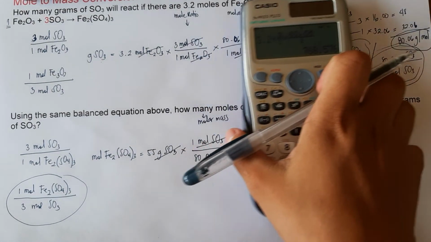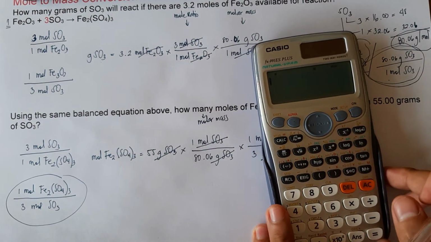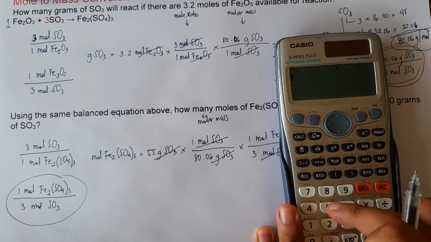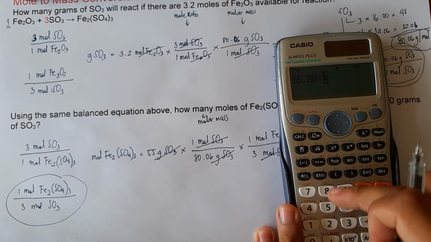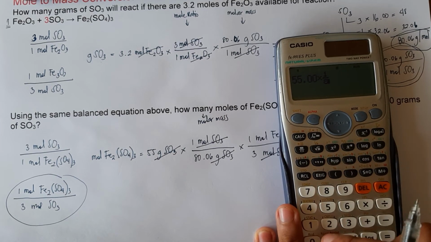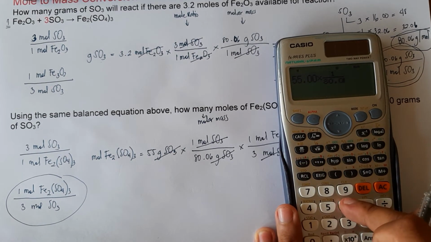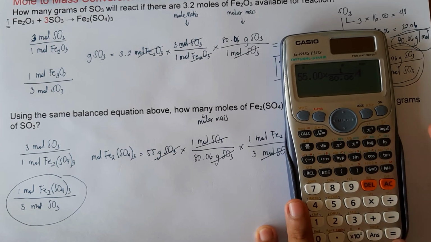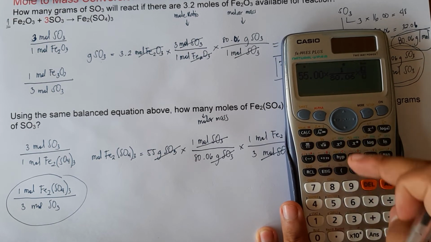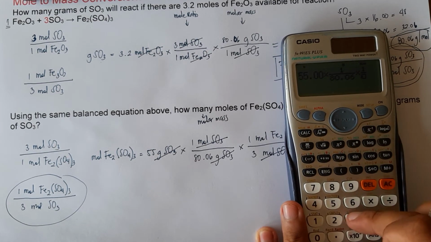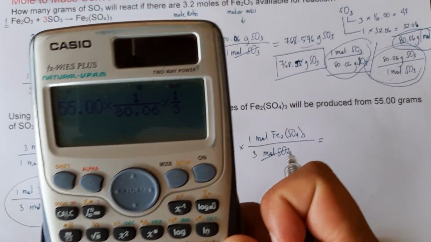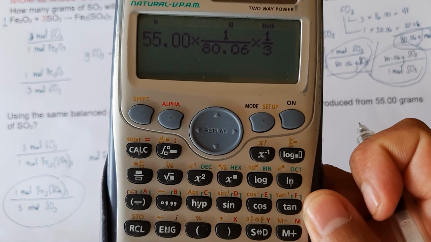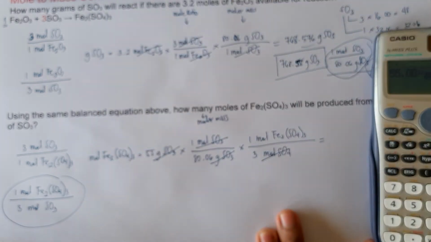So, let us try to use our calculator. So, that will be 55.00 times 1 over 80.06 times, again, that's 1 over 3. So, pwedeng ganito yung i-type natin sa ating calculator kung nakikita po ninyo ng malinaw. I hope nakikita ninyo ng maayos.